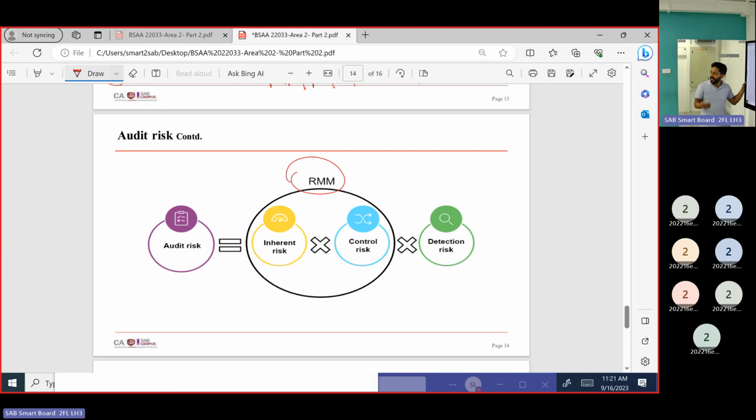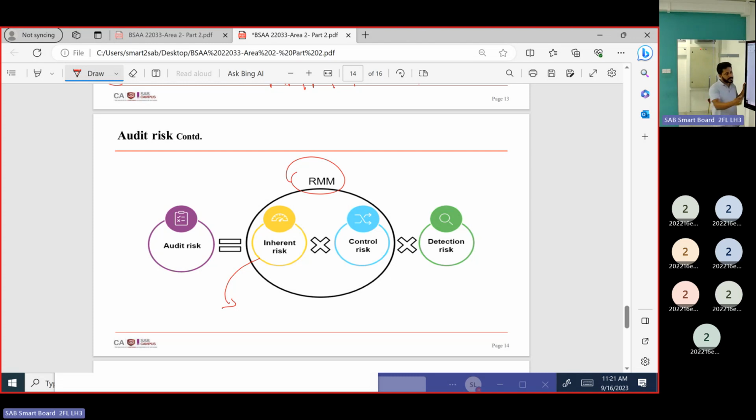If it is a high-risk client, there may be a high risk of material misstatement in the company. It indicates that there may be high inherent risk. Management per se have not taken any action. They have not implemented controls.